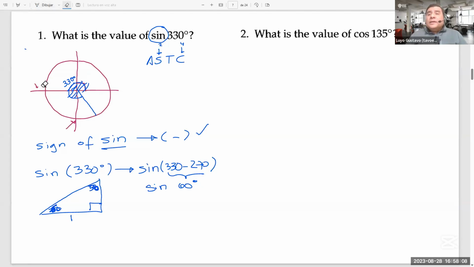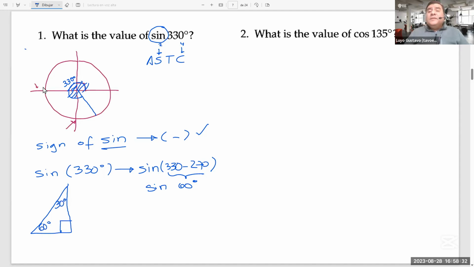Let's draw it more accurately to avoid confusion when you are revising the lesson. Here, if this is a 60-degree angle, this is a 30-degree angle.